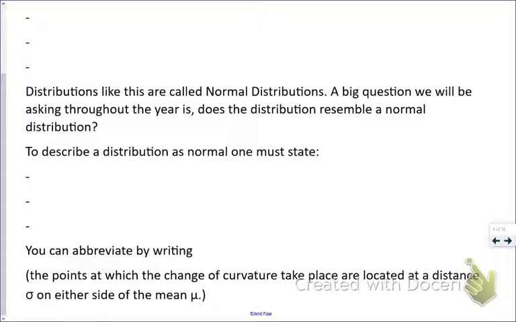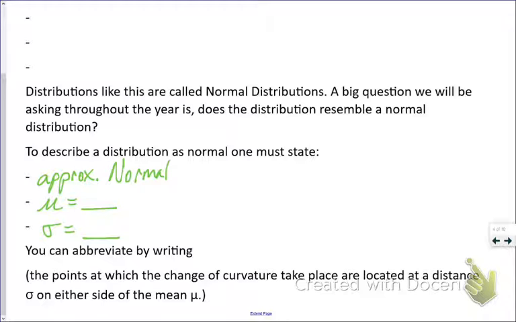If you're describing a distribution that happens to be normal, you want to say literally, it is normal, or actually I tend to say approximately normal, because nothing's ever perfectly normal. You want to state what the mean is, and you want to state what the standard deviation is. Many times that's given to you, as in a problem in the next video.